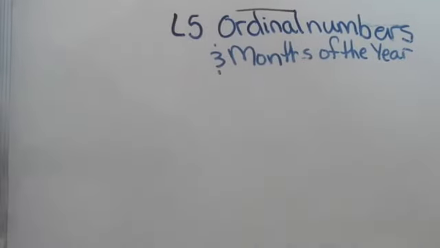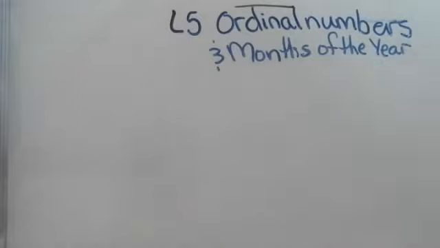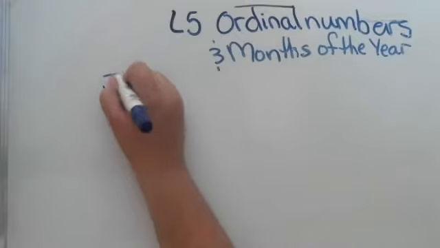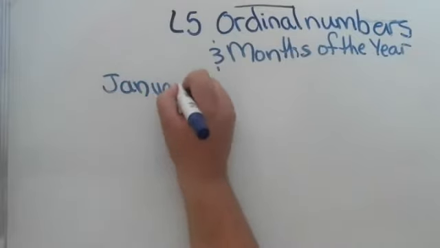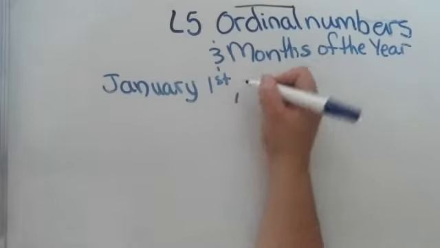Now, months. When you're looking at the months of the year, we can say them together. January is the first month, and this is where those ordinal numbers come in again. We have January, the first month, okay?